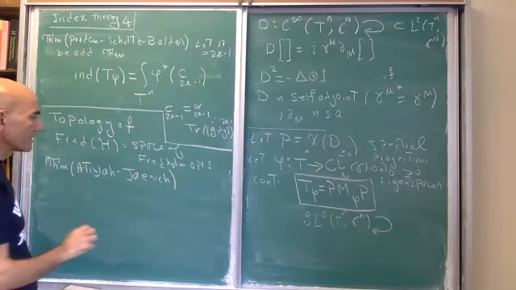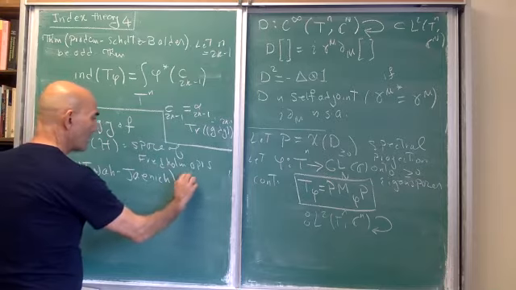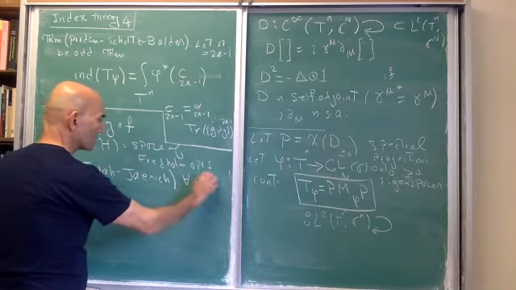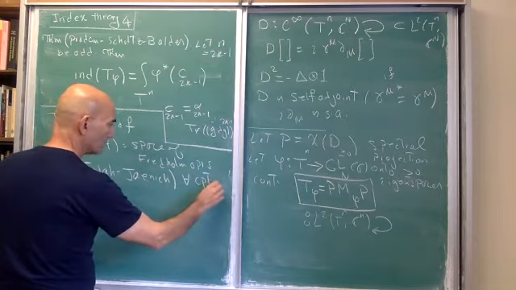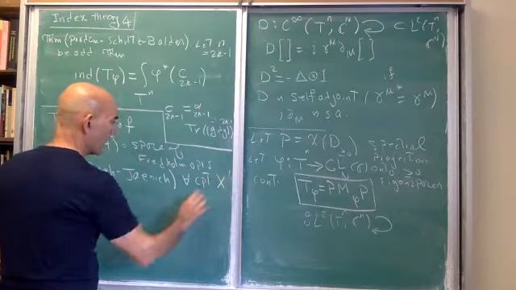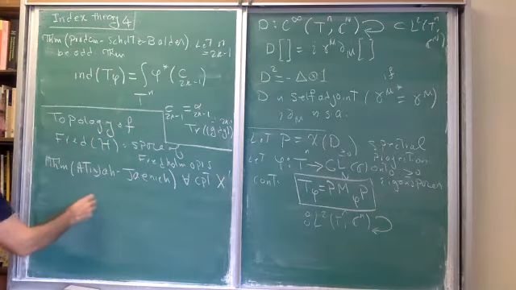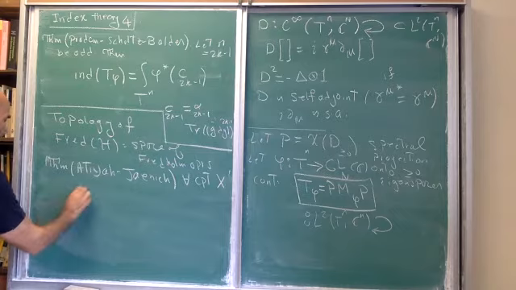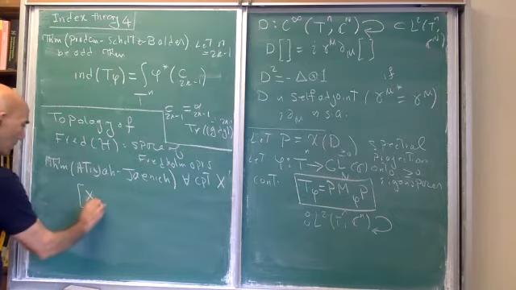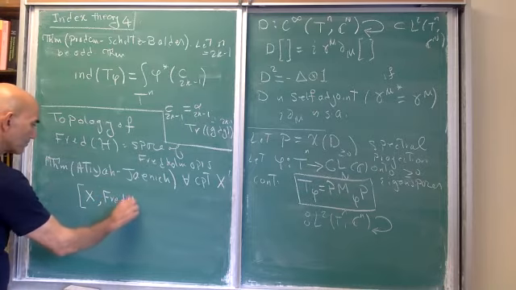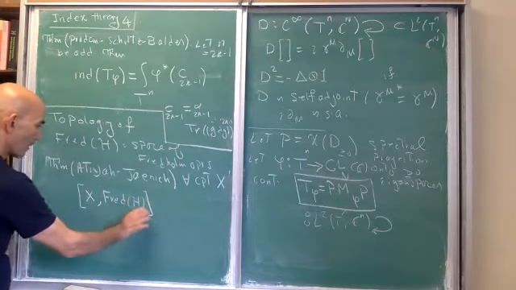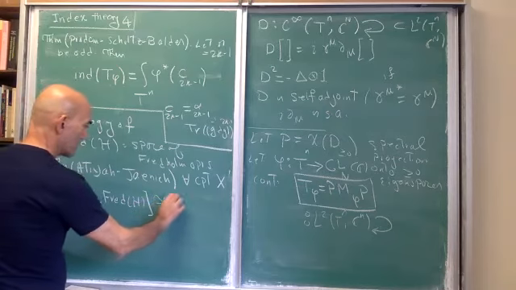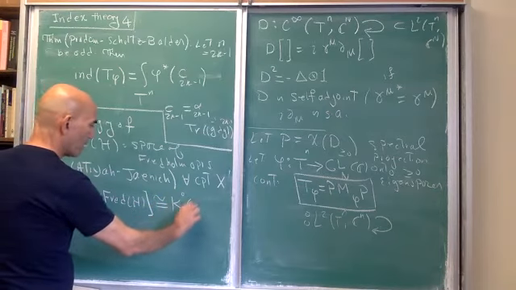The result says that for any compact Hausdorff space X, we have a canonical isomorphism between this set [X, Fred H] and the K-theory of X.